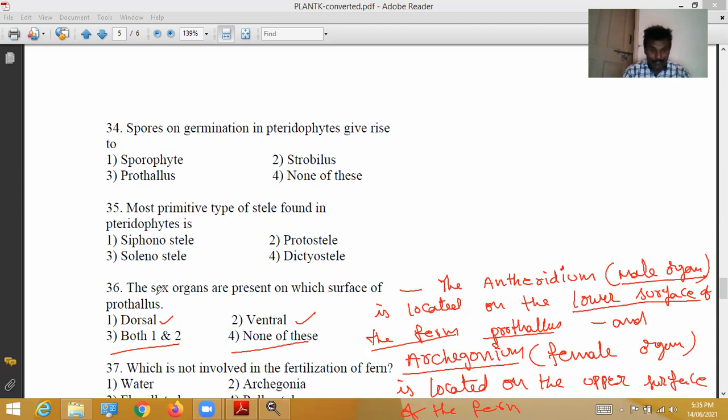So here they ask on which surface the sex organs are present. Then we can say the ventral surface, that means the lower surface. So for this 36th question, the correct answer is 2. On the lower, ventral surface, the sex organs are present.